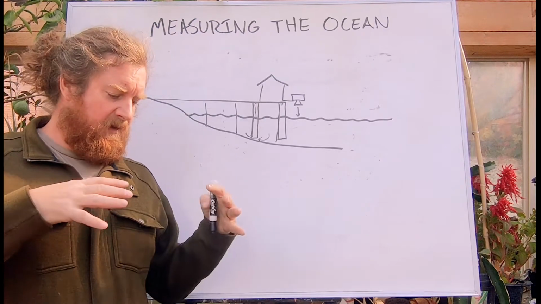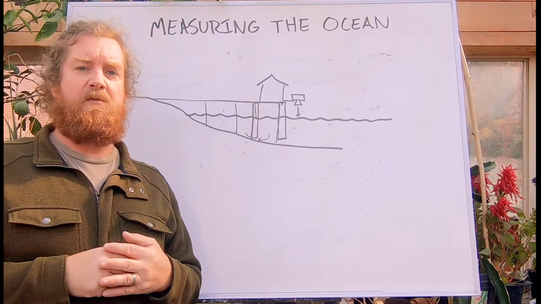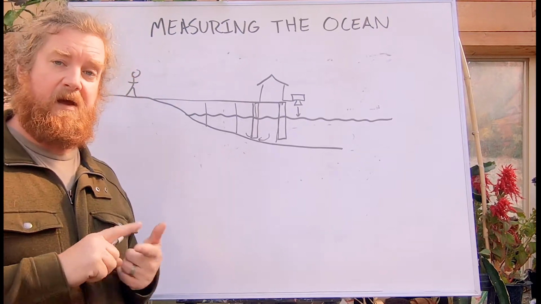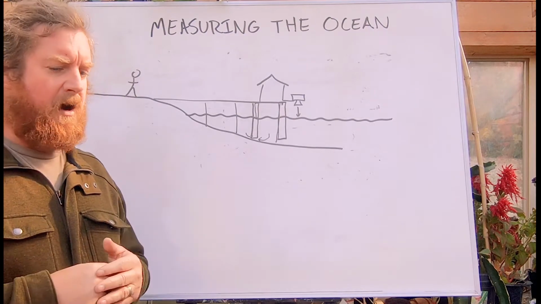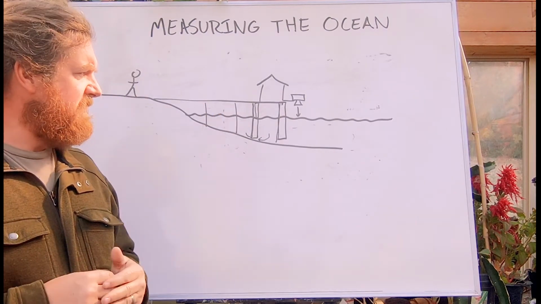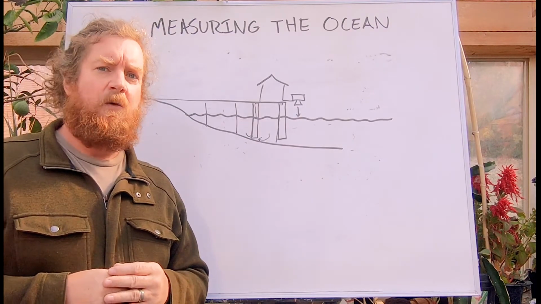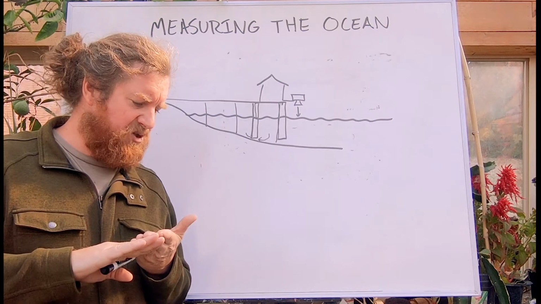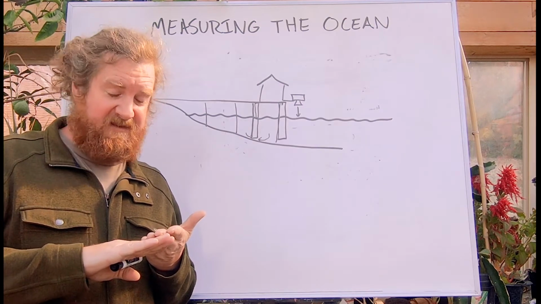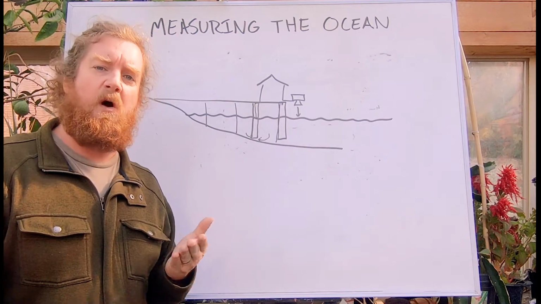That's collecting data without actually going there. Oftentimes, remotely sensed data is collected by an airplane, drones in the modern world, or satellites. Sea level we have measured since the 1990s with satellite altimeters, meaning they can measure, in a very similar way, the distance to the water in a highly precise way.